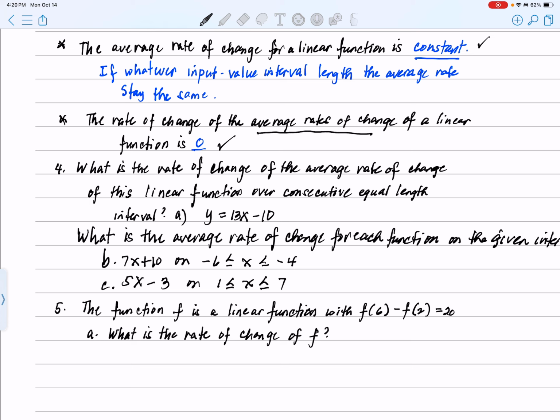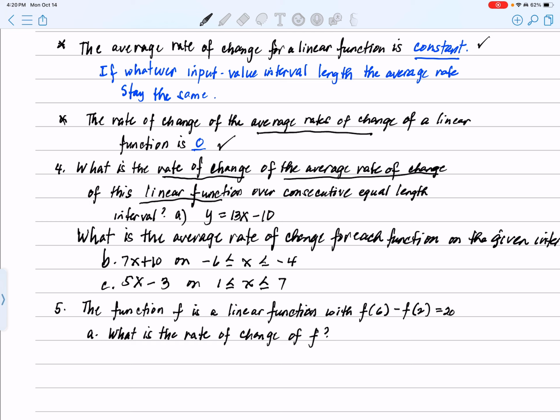So that means the intervals are equal in length. Okay? So for example, in A, y equals 13x minus 10. Equal interval. The rate of change of the average rate of change. You see that? So what is it asking about?